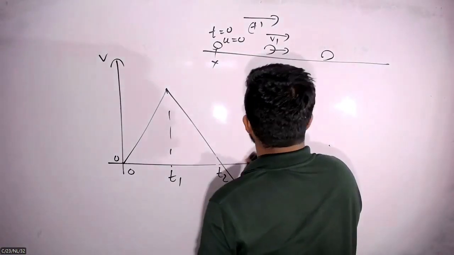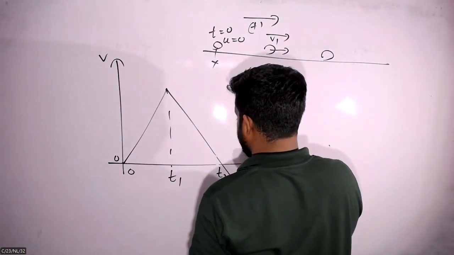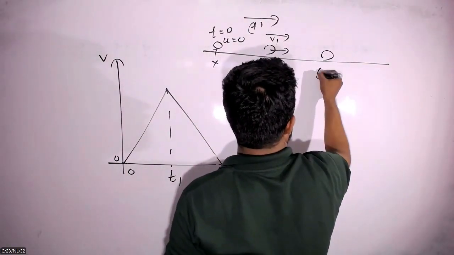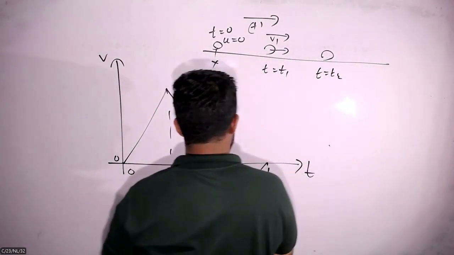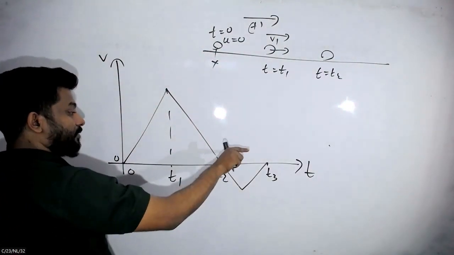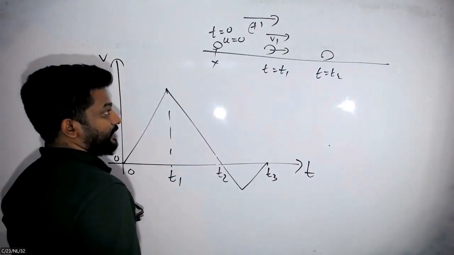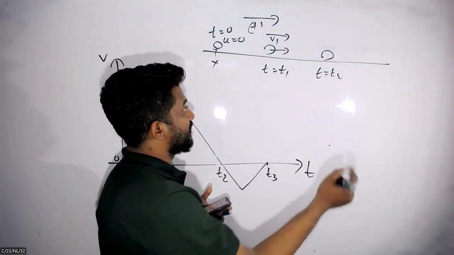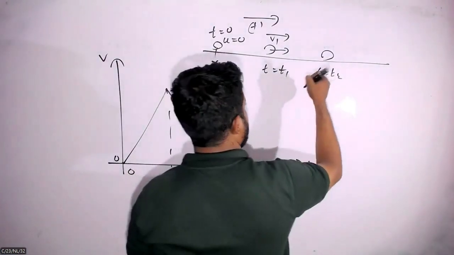Because these are positive velocities. At t equals t2, its velocity becomes 0. Until this point, it moves towards the positive direction because of these positive velocities. Therefore, it increases its displacement towards the right side, towards the positive direction.